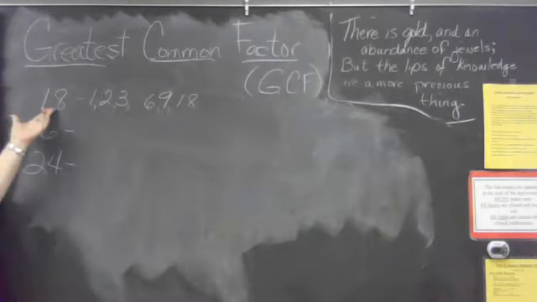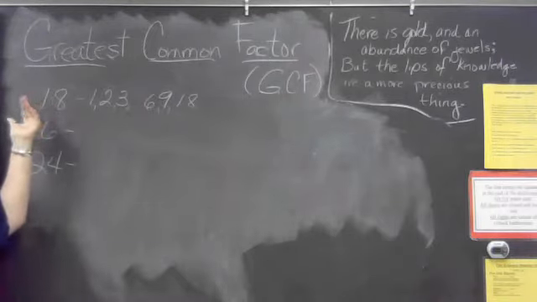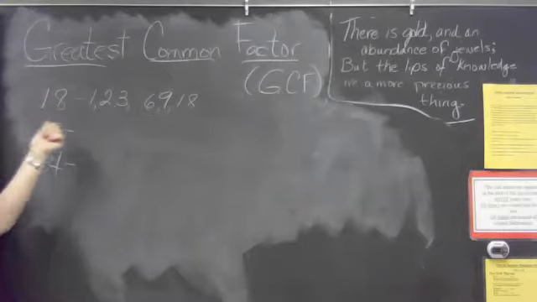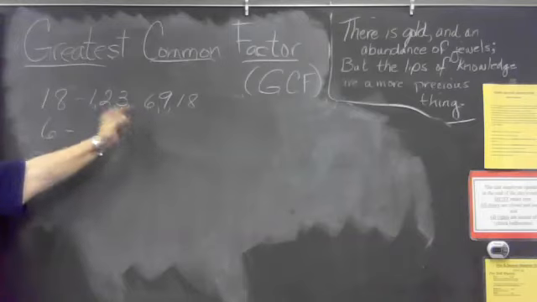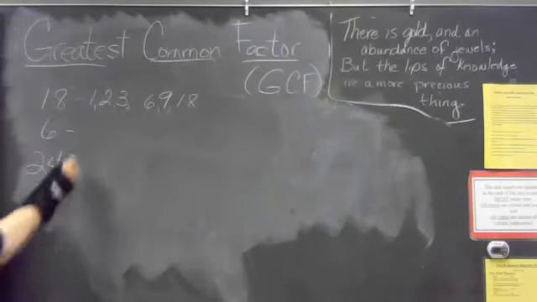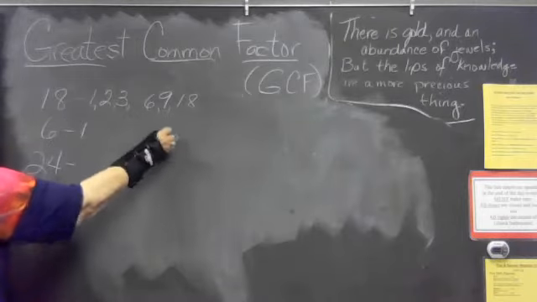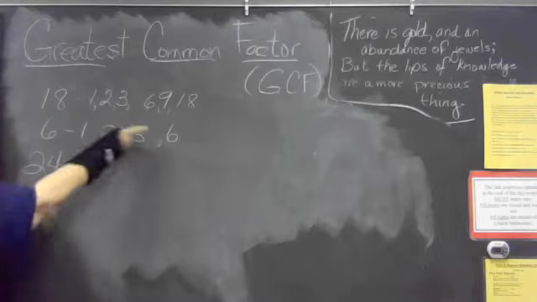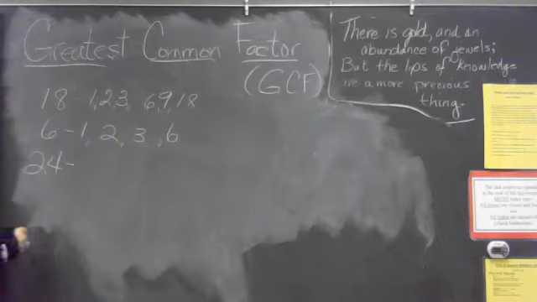Well, 4, 5. So 6 is the next one. It's already listed. So that's all the factors of 18. 1 times 6. 2 times 3 are the factors of 6.